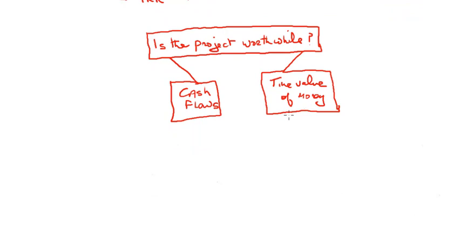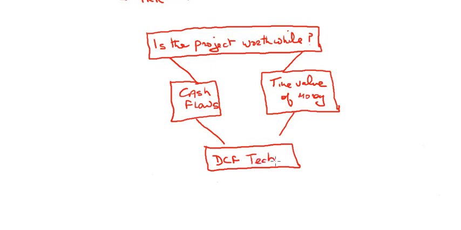And what we do is we feed these into our decision-making method, the DCF, discounted cash flow project appraisal technique. And the one we're using today is the net present value method.